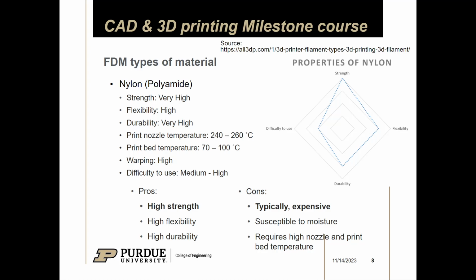So you're getting high strength, high flexibility, high durability, a lot of properties that we all really like, but they're typically more expensive, a little bit more difficult to print because you need higher temperatures, enclosures, and also they're extremely susceptible to moisture, just like PETG. So you can make sure it's a dry environment to print nylon, but it's very strong and it's very cool if you can get nylon working.